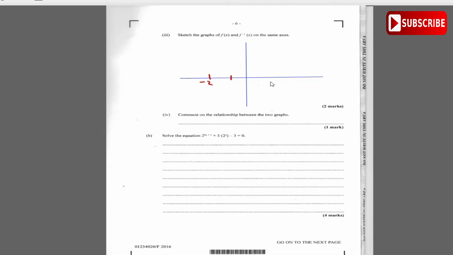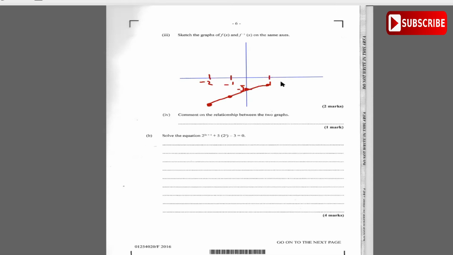The corresponding y values were f of negative 2 was negative 9. I know f of negative 1 is going to be negative 7. It cuts the y-axis at negative 5. And then f of 1 is negative 3, maybe somewhere here. So this straight line represents f of x.